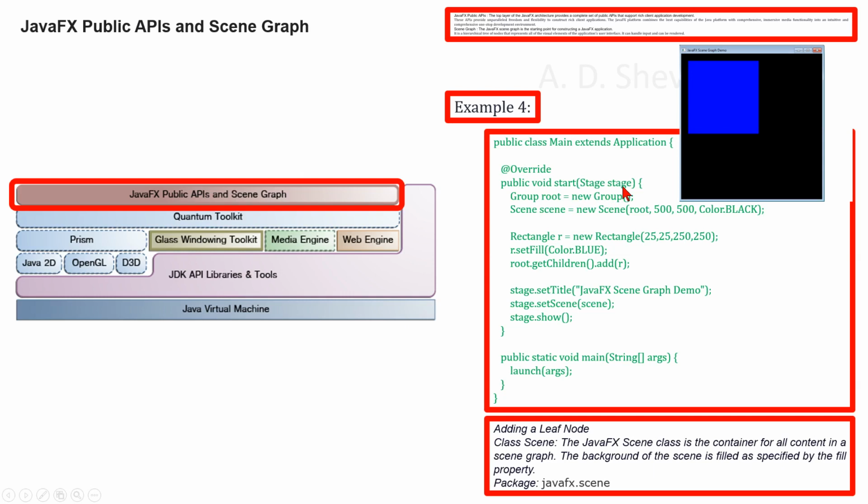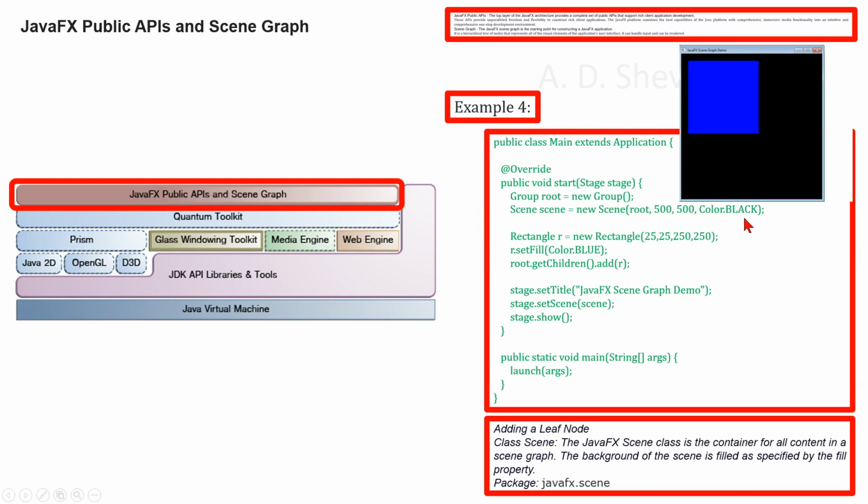The root node, in this case, an instance of the javafx.scene.Group class, is created and passed to the scene constructor along with the scene's width, height and fill.